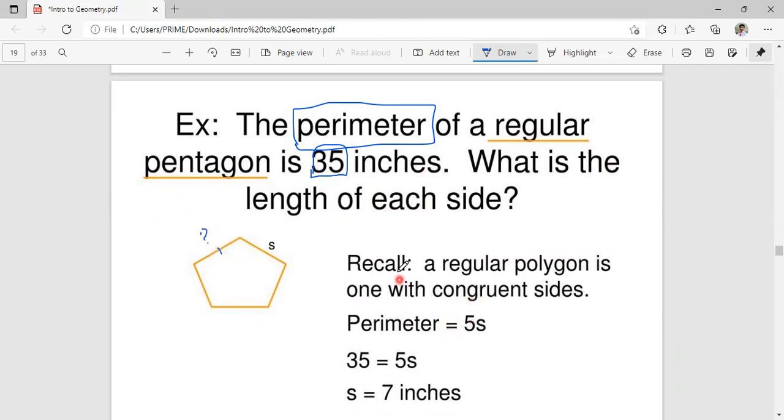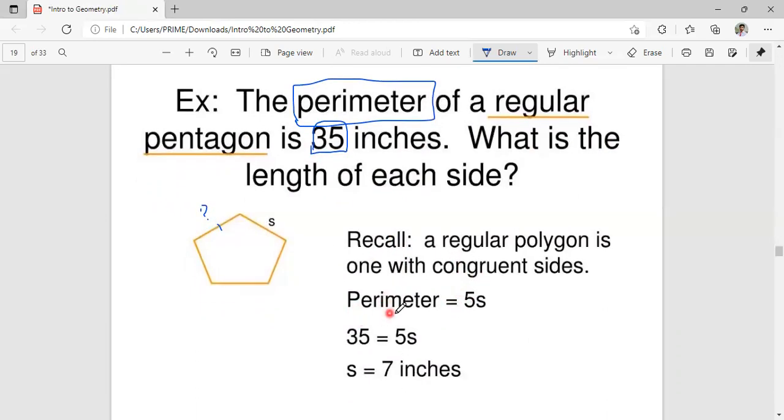Okay. So this perimeter P is equal to S times the number of sides. We have 1, 2, 3, 4, and 5 sides over here, so I take 5s because we have 5 sides. Here is the formula I show you. Then I take the perimeter, that was 35 inches.